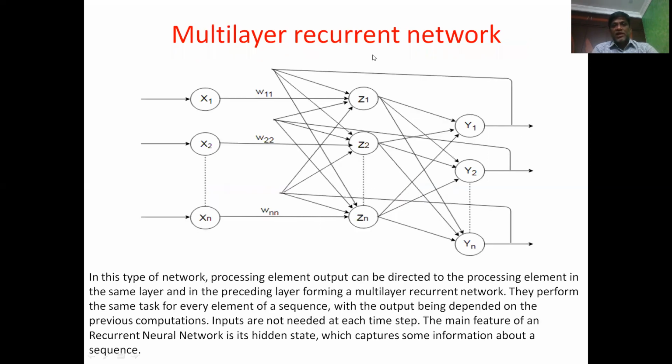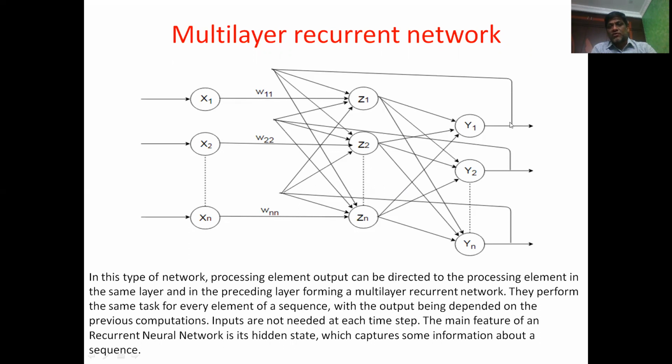Then multi-layer recurrent neural network contains hidden layers, extra hidden layers in between input layers and output layers. And the output of Y1 is connected back to the hidden layer neurons. Observe this. Not to Y1 or Y2 or Yn.